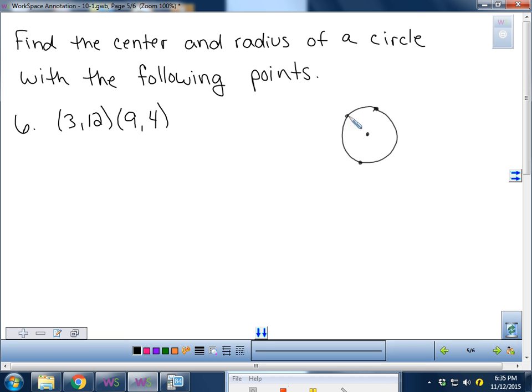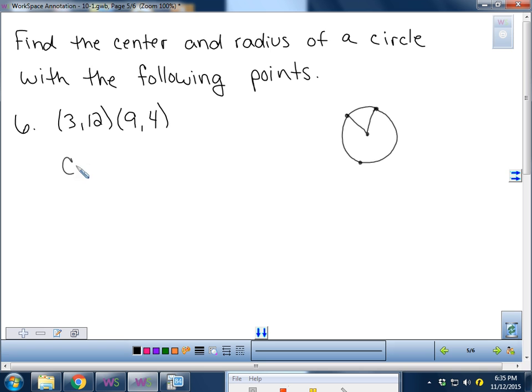Okay? It's the same thing if I had a point over here. This distance is the same as this distance. So it doesn't matter if I pick a point here or here. Halfway between here and here is still my center. So to find the center of a circle, you just need to know the midpoint between 2 points on the circle. Okay? So these are my 2 points.